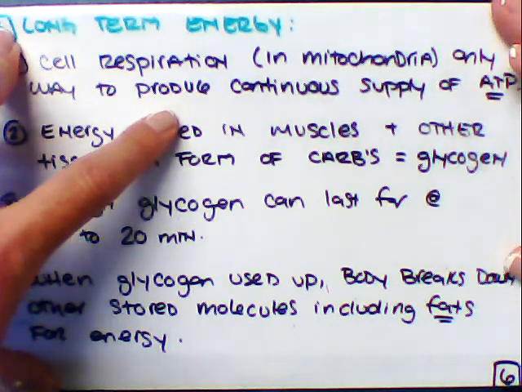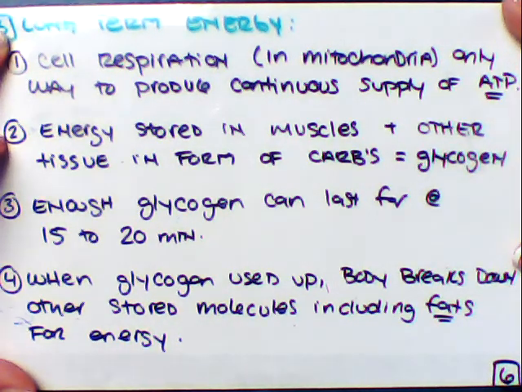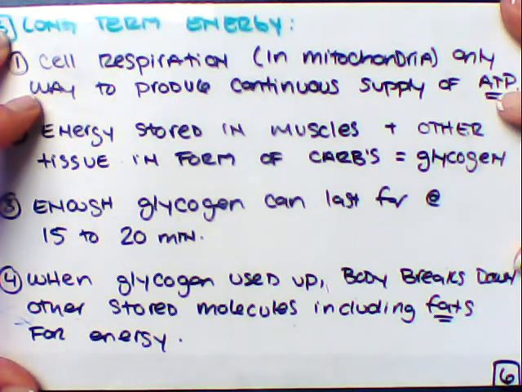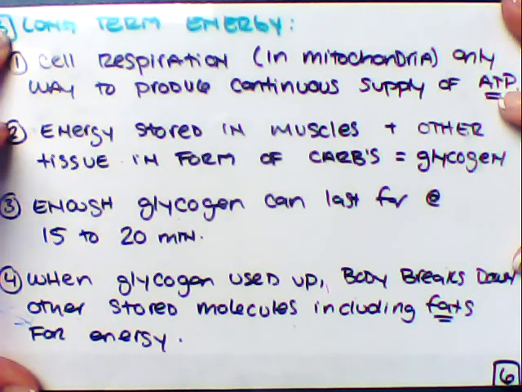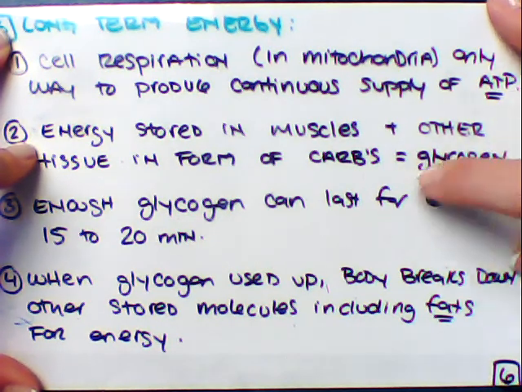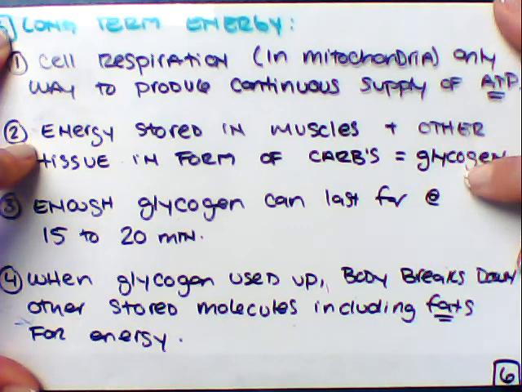You also have long-term energy that will happen during aerobic respiration. Long-term energy is when, again, the mitochondria will produce a constant supply of ATP as long as you are breathing, so it needs oxygen to happen. Energy will then get stored in your muscles and other tissues in the form of carbohydrates, and that glycogen can actually get ripped apart at a later time.